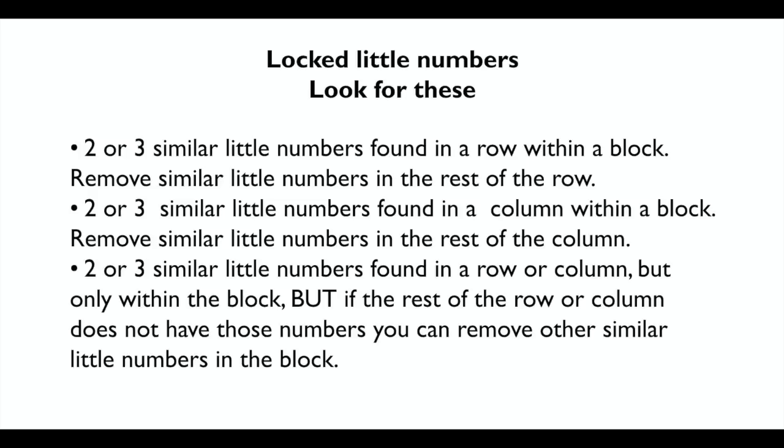And 2 or 3 similar little numbers found in a row or column, but only within the block. But if the rest of the row or column does not have those numbers, you can remove other similar little numbers in the block.